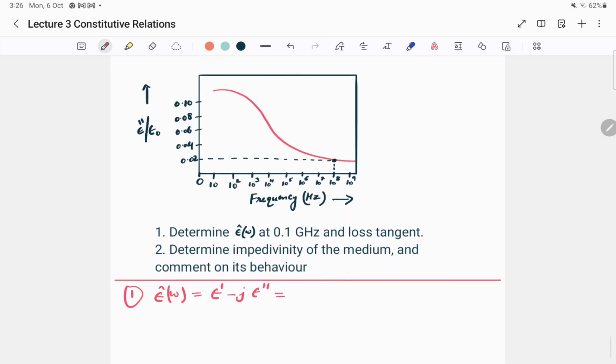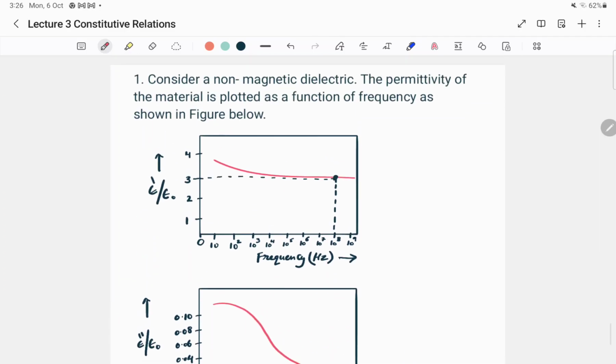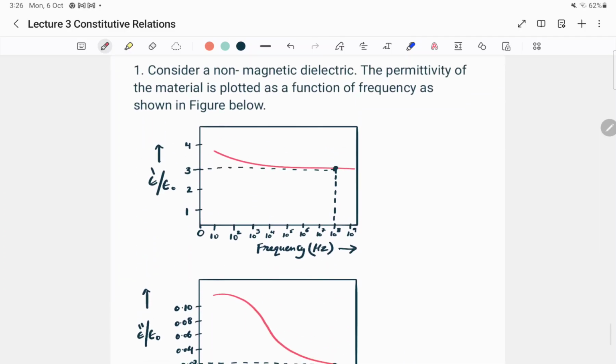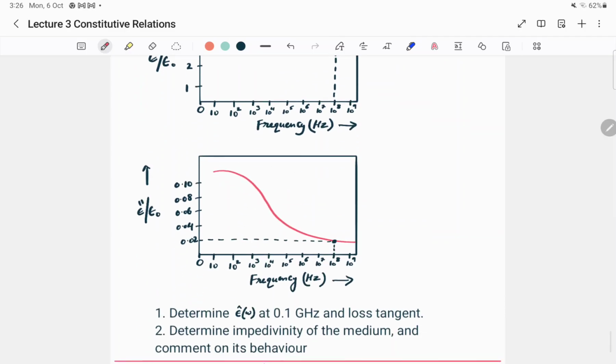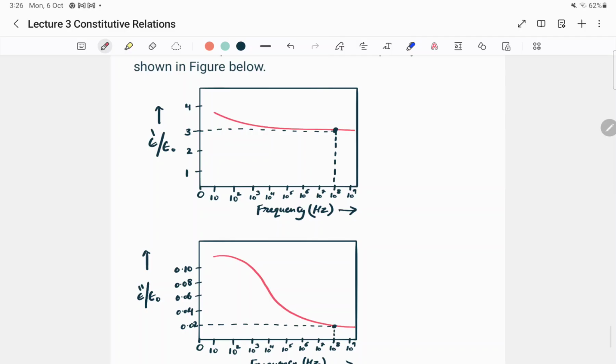We have to find the values of epsilon prime and epsilon double prime at 0.1 gigahertz. 10 to the power 9 is 1 gigahertz, so 10 to the power 8 is 0.1 gigahertz.